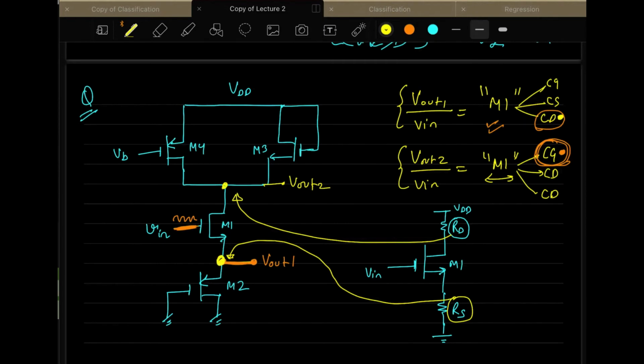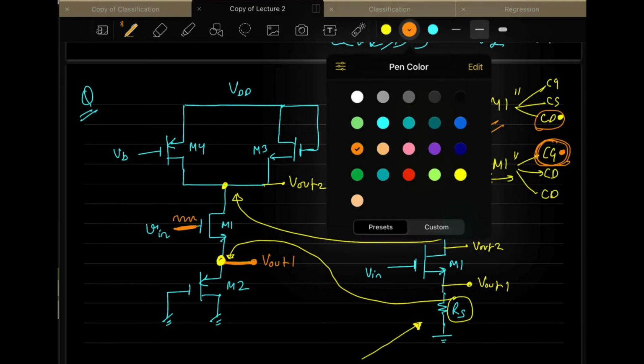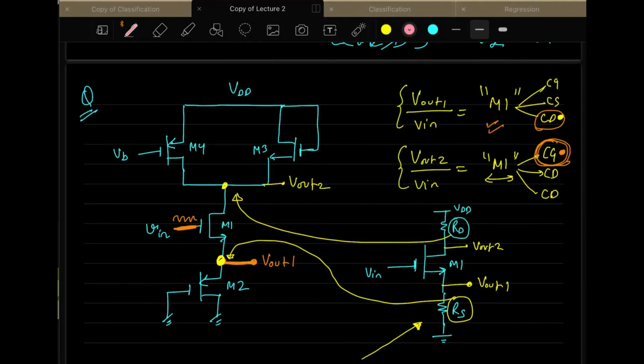Once you get these two resistances, you can put them in M1, and then you know the values of V out 1 and V out 2. We have already solved this type of circuit so many times. Now, in the M4 topology, one thing to note is that I have given lambda as 0 for this particular MOSFET, but for other MOSFETs lambda is not equal to 0.